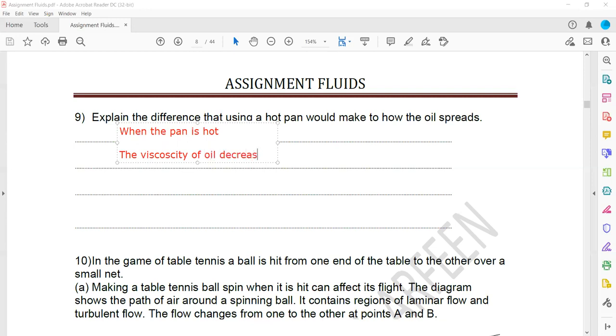So the oil will flow at a greater rate and spread quickly.